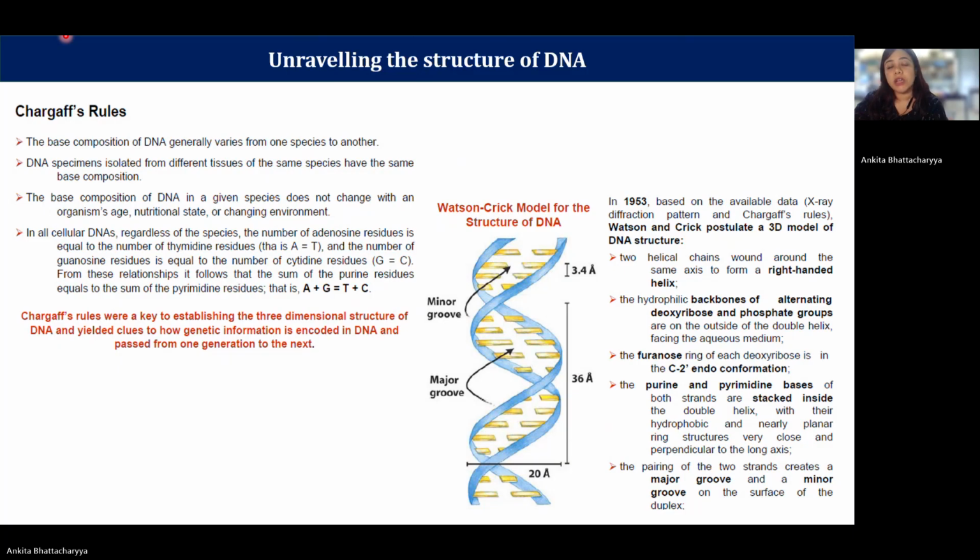Second, for a species, however, this composition or abundance does not change a lot with the age of the organism, the nutritional state, or the changing environment. And the main finding usually associated with Chargaff's rules is that A plus G equals T plus C, basically the balance between purines and pyrimidines.